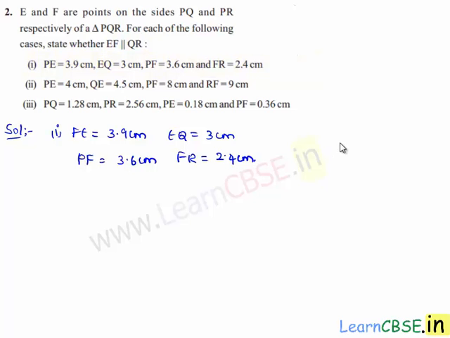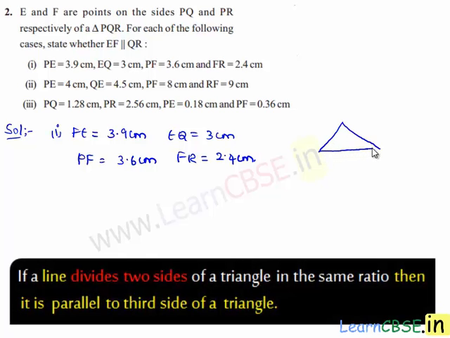Now, according to the data, PQR is a triangle, and E and F are points on side PQ and PR respectively. State whether EF is parallel to QR or not.